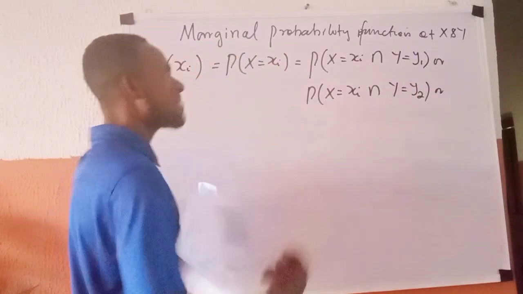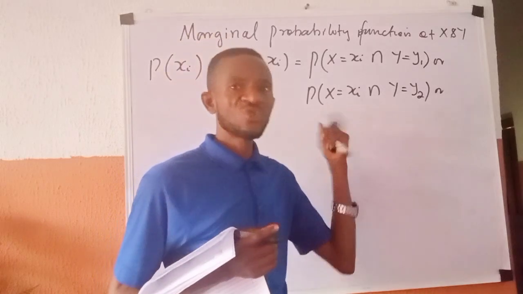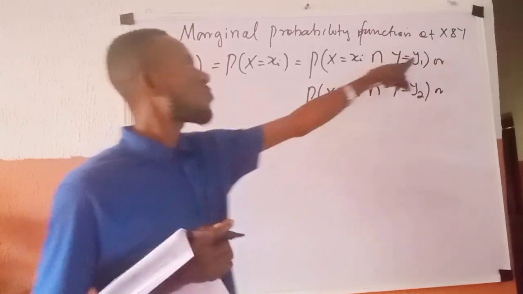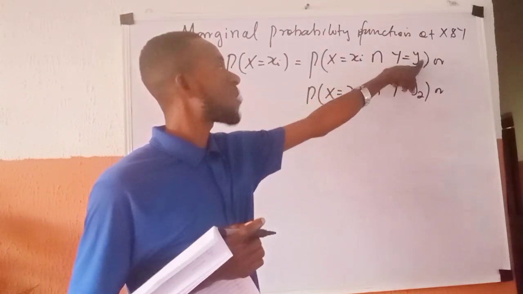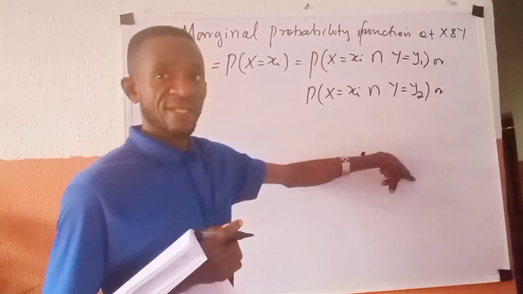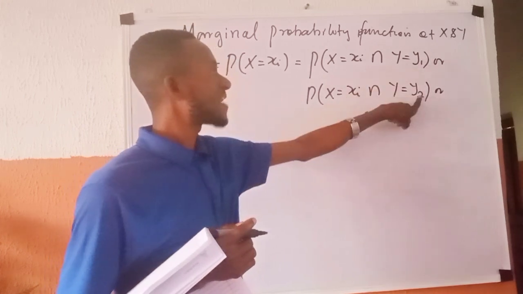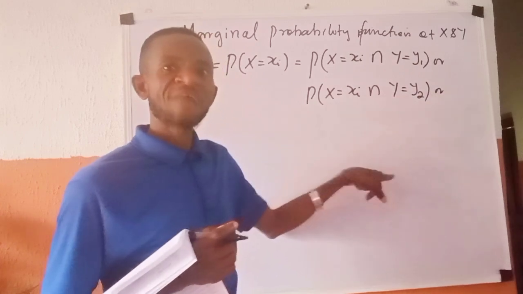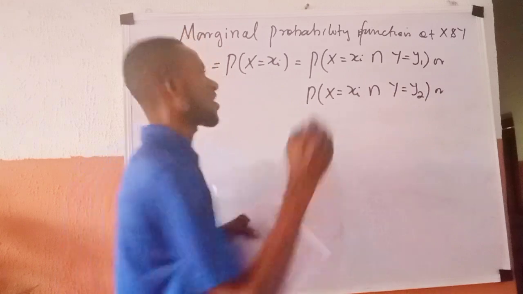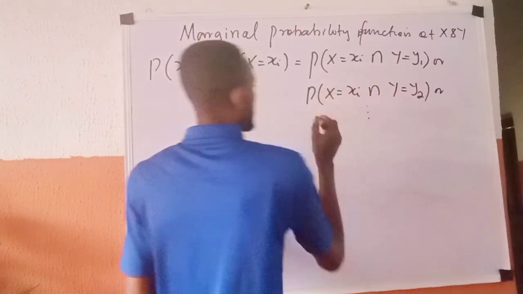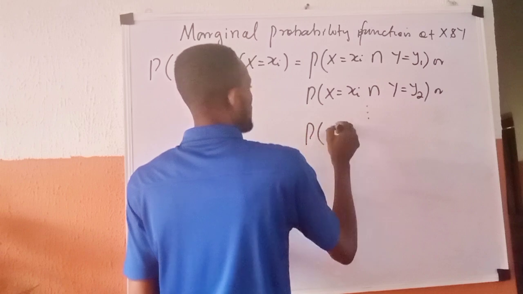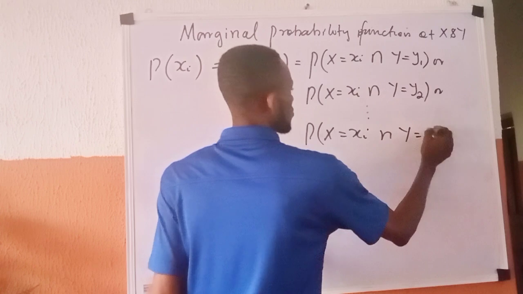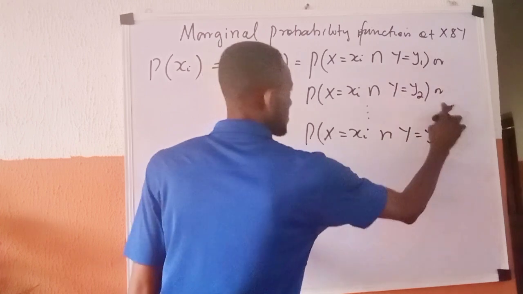Or remember that earlier when we used the table to showcase the possible values of the random variables x and y, we saw that y took observations from 1 to n. Here we just have y_1, here is y_2, y_3, y_4, y_5, down up to y_n. So it's just good we say dot dot dot, to P of X equals x_i intersection Y equals y_n. We close the bracket.